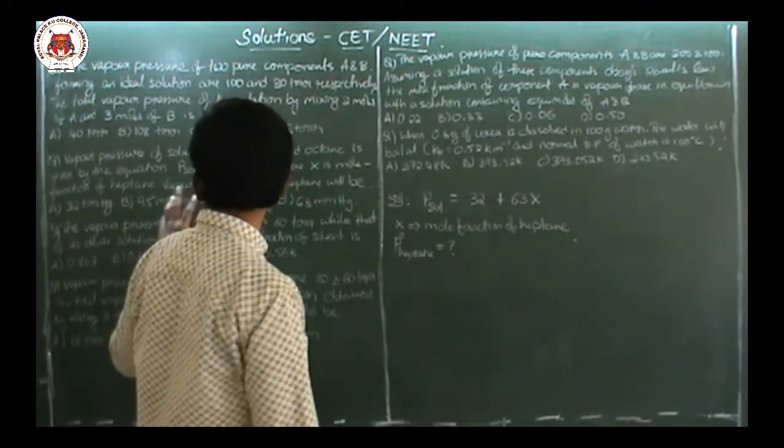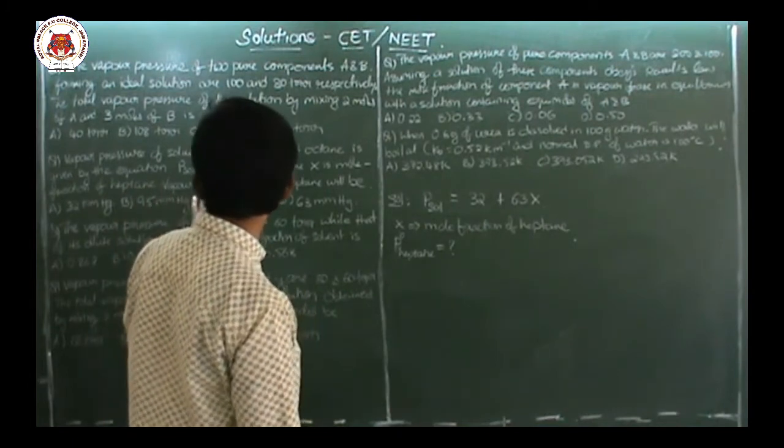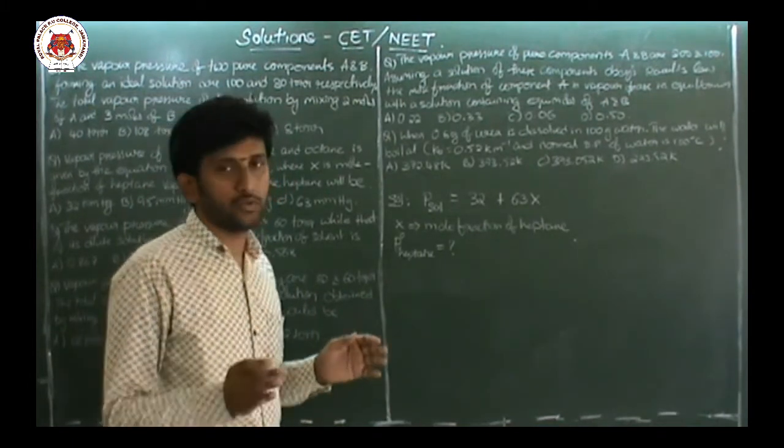Now heptane and octane are taken in the mixture. Heptane and octane means two volatile liquids.